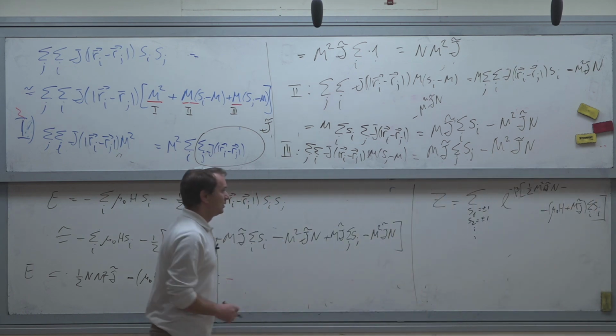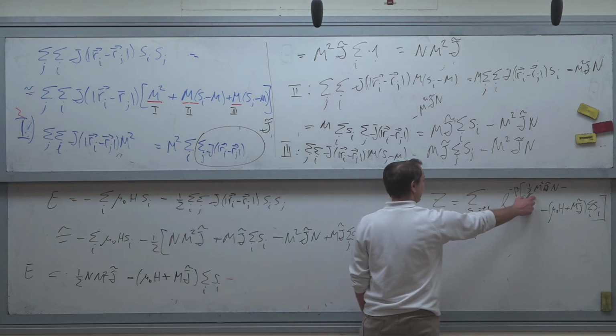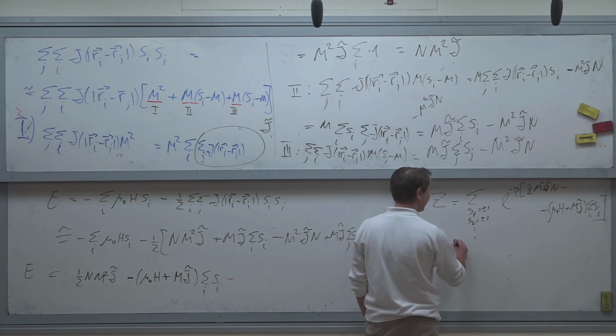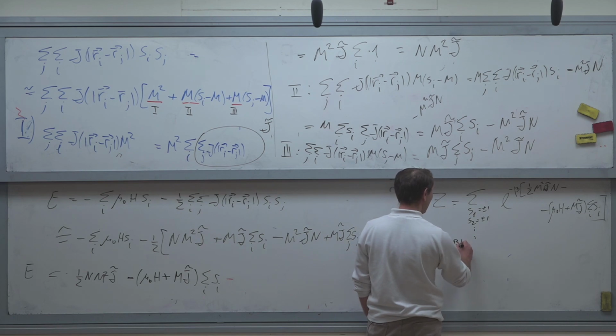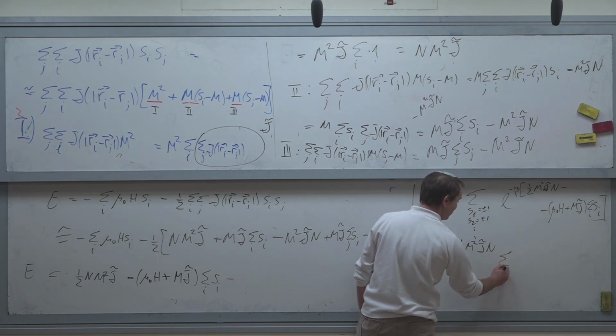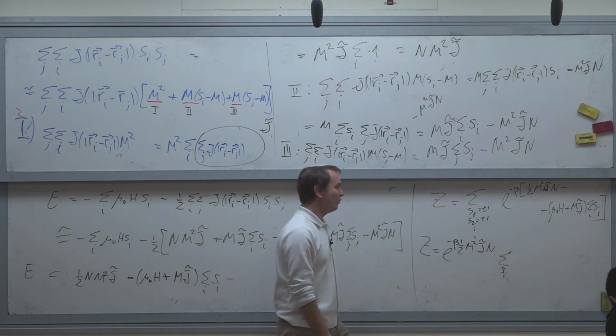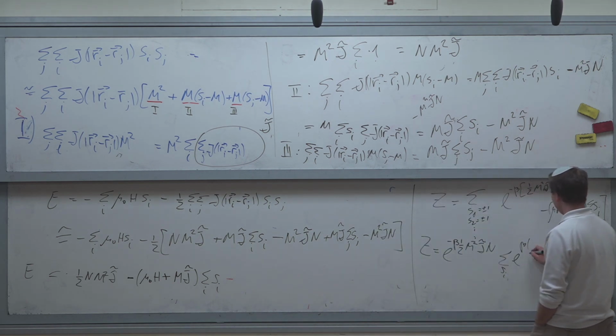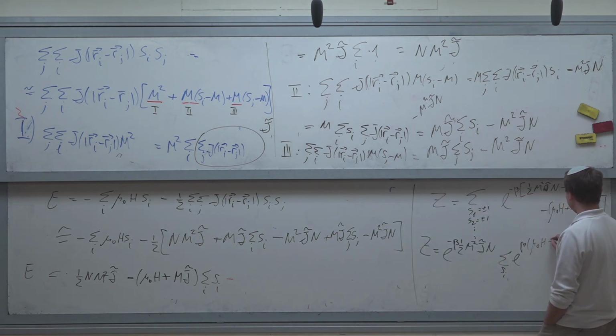We can take this term out. Z equals e to the power minus beta 1/2 M squared J tilde N, multiplied by the summation over s_i of e to the power beta mu 0 H plus M J tilde, sum over i of s_i.